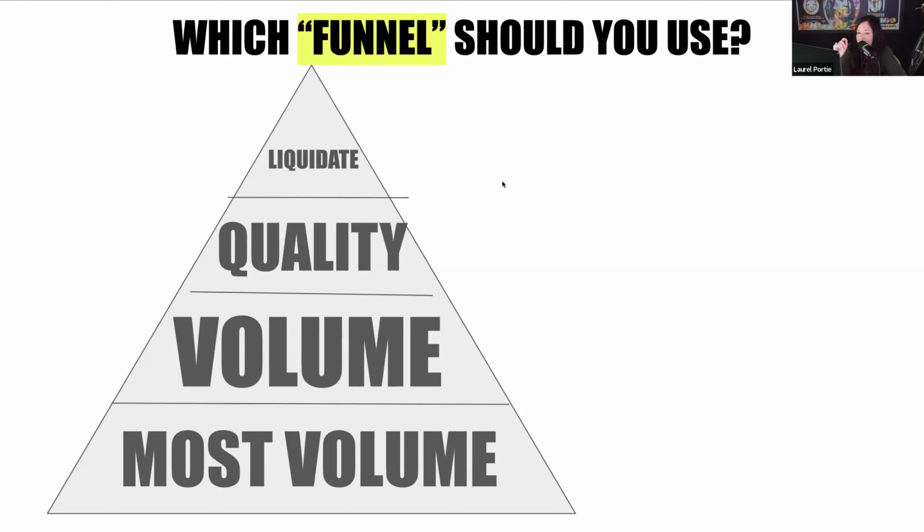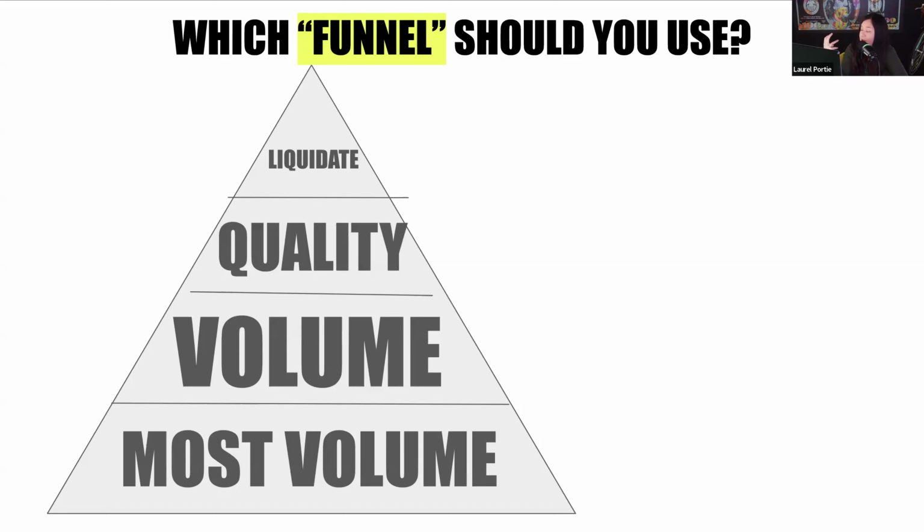Well, on the triangle, you're going to see that at the bottom, it says most volume. If you need to validate an offer, meaning you have no idea if people want your offer, hell, you might not even know what to offer, right?